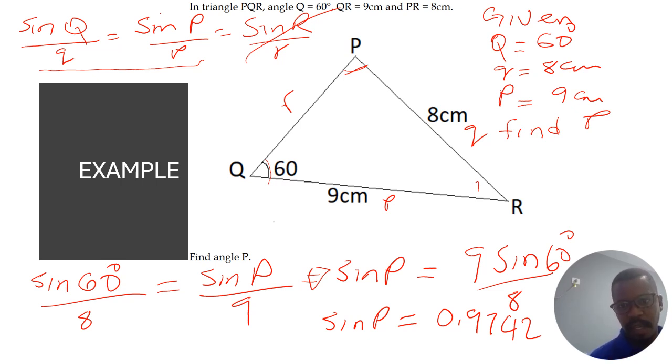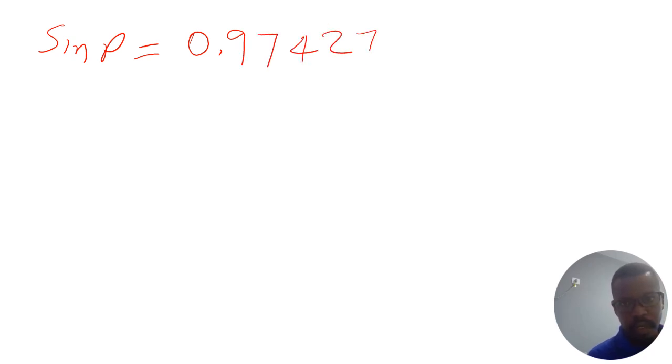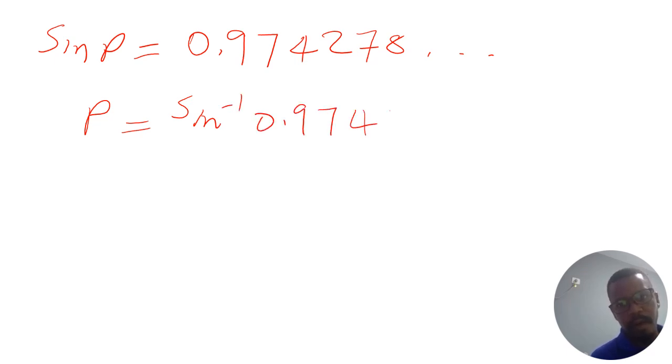Let's go to the other side. Sine p will be equal to 0.97427. For us to find p, you take sine inverse on both sides. So sine inverse on this side will remain with p. There will be sine inverse of 0.974278.